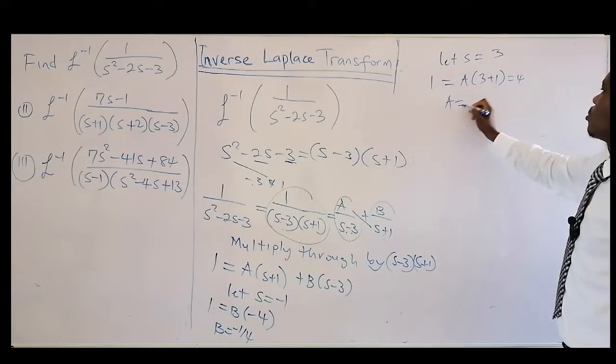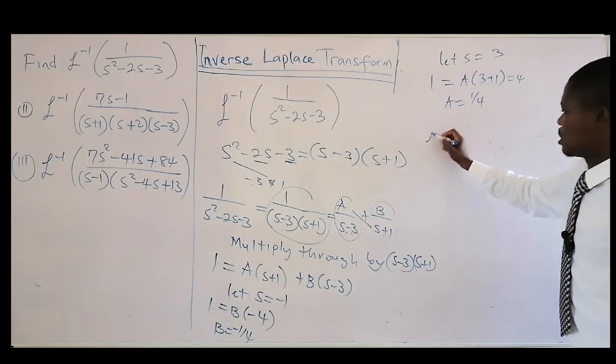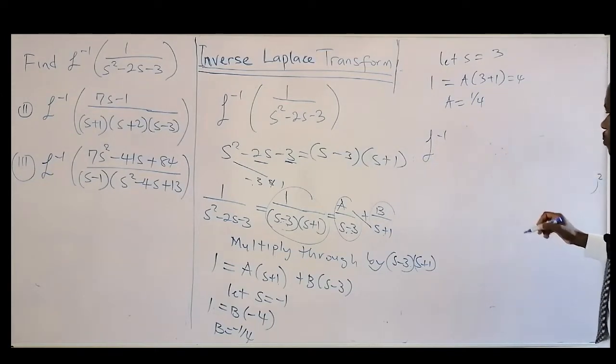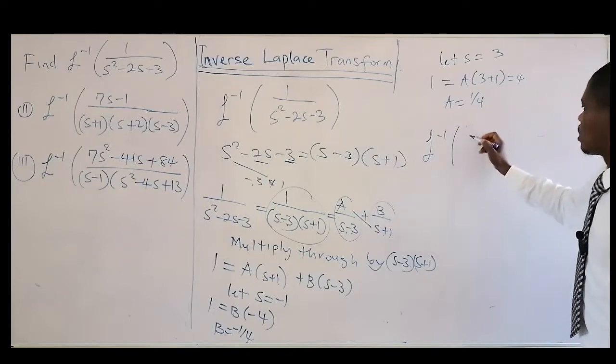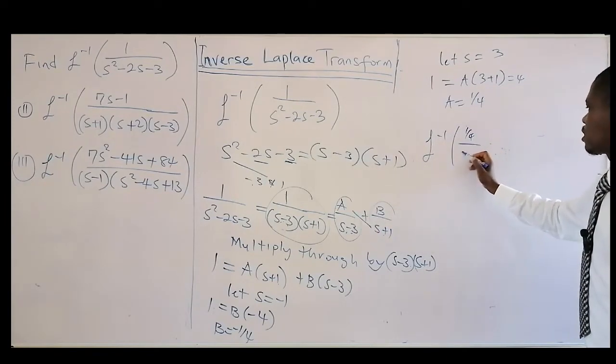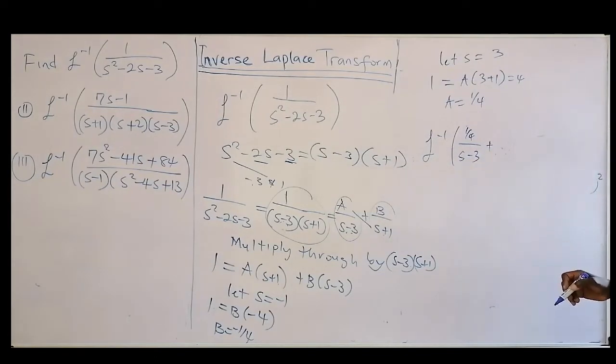So A is equal to 1 over 4. So now we have the inverse of A, which is 1 over 4 of x minus 3, then plus B, my B is minus 1 over 4, minus 1 over 4 over x plus 1.